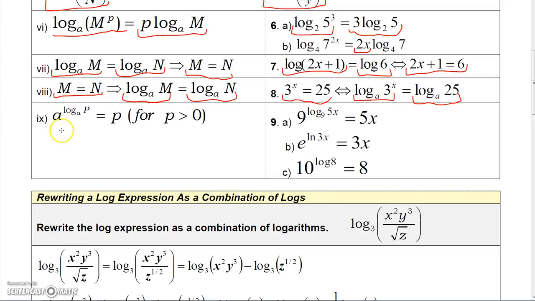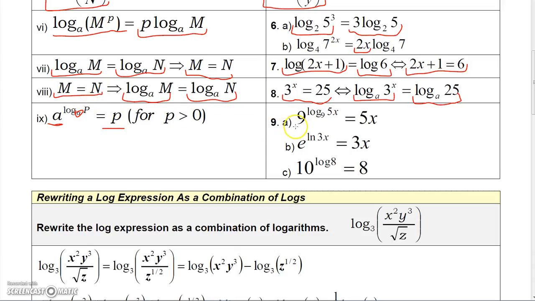And then this last property, a little hard to see because of the exponent here: a to the log of p base a. So this is the log, the argument is p, and a is the base. If you're taking a base a and raising it to a log that has the same base, then the result is simply the argument of the log, p.